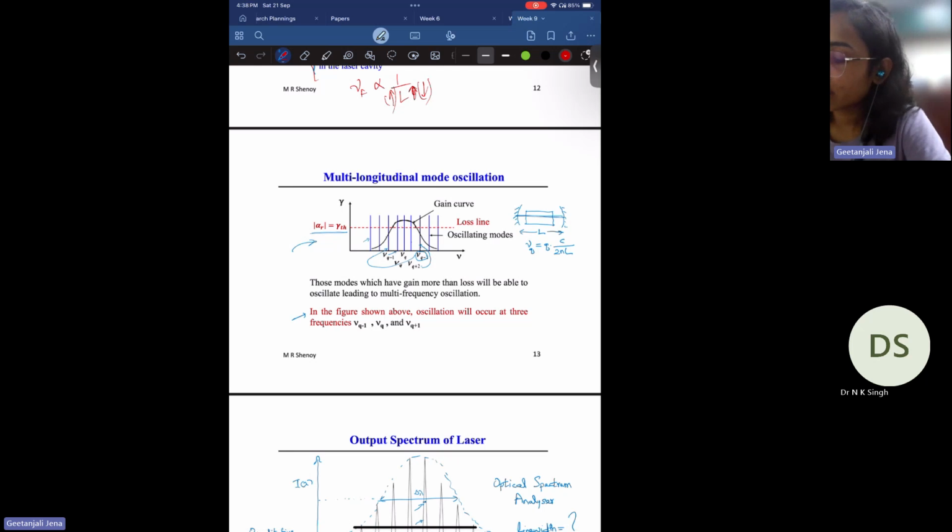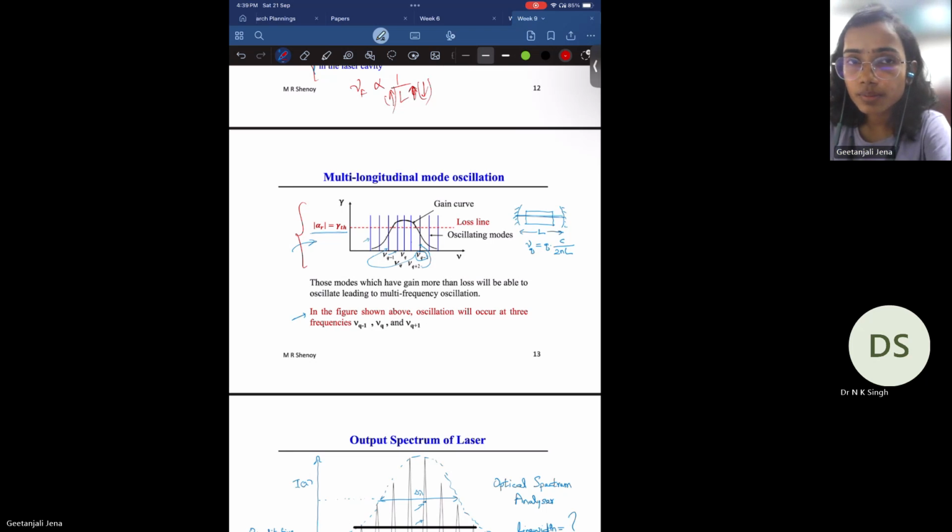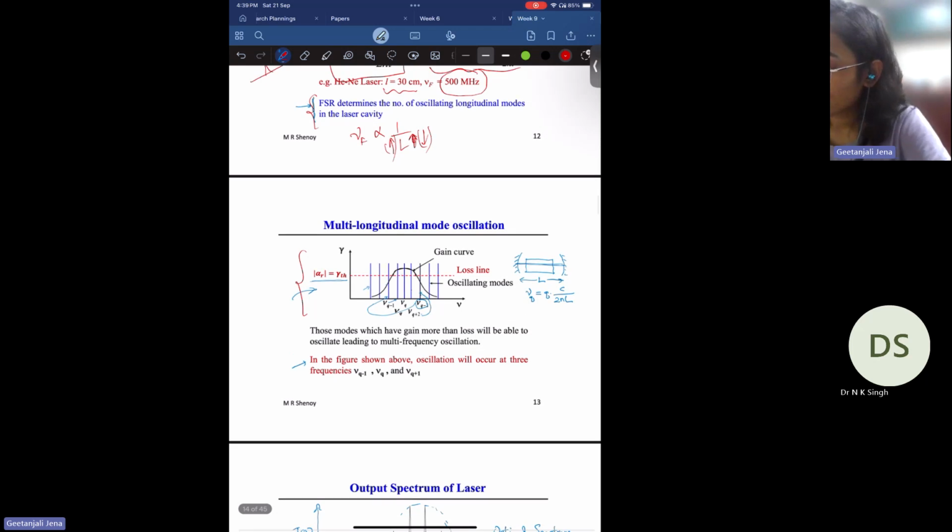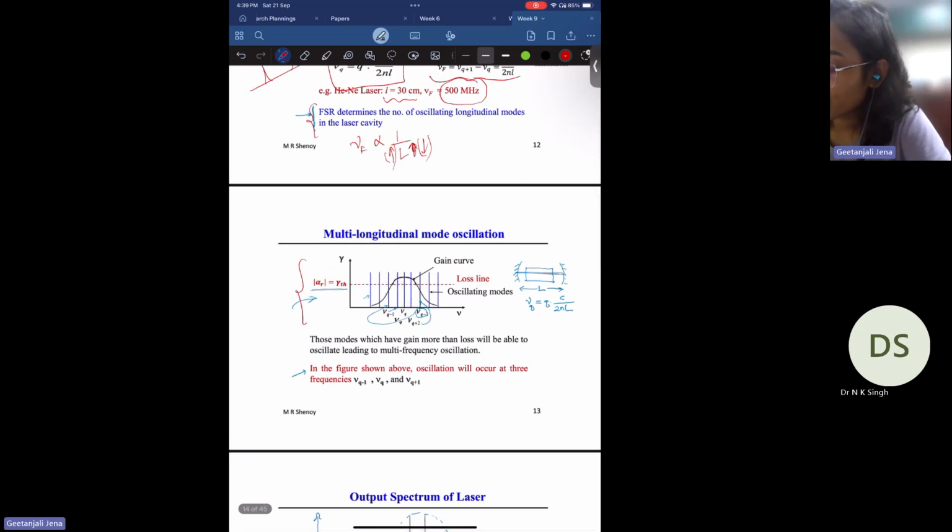This is the typical gain curve we see in a practical system. So this is the gain curve for a system, and we have cavity modes that are separated by the free spectral range.